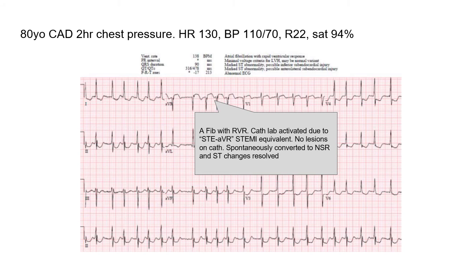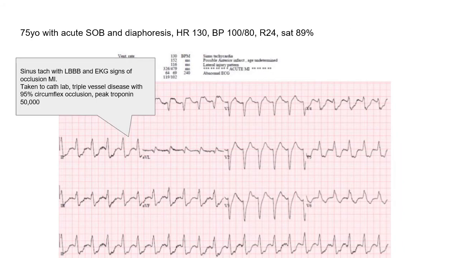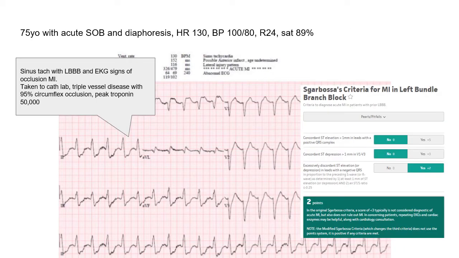So, okay. So this patient did have a 95% occlusion in the circumflex, and Sgarbossa is a criteria that we can take a look at. It's a little bit tricky, but you're looking at what's called concordance and discordance.